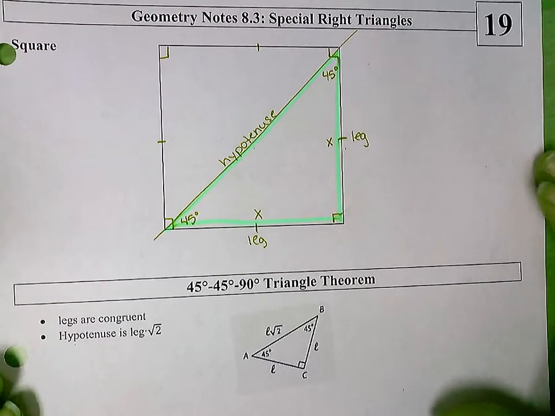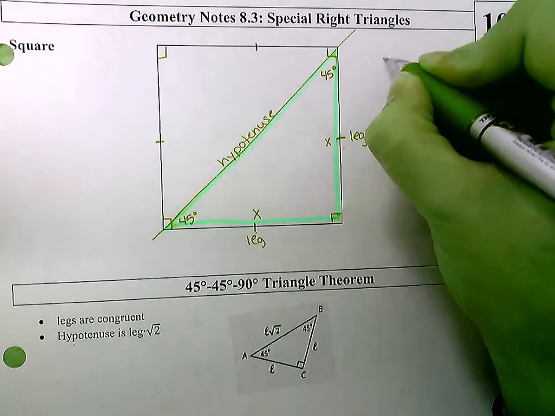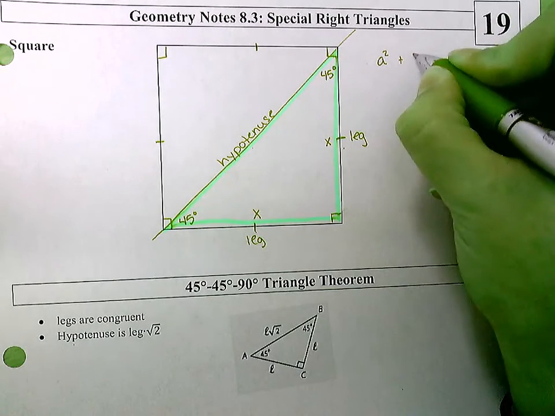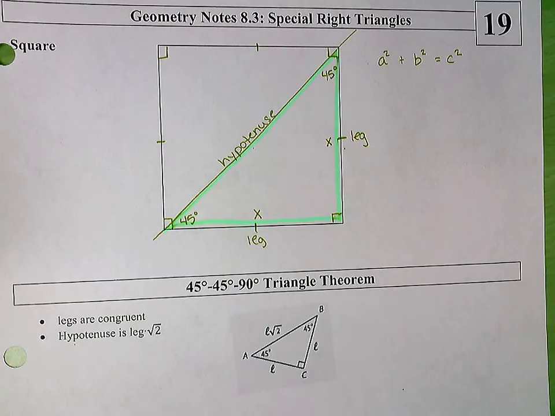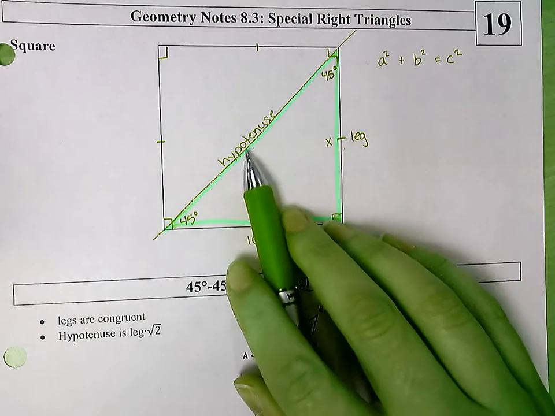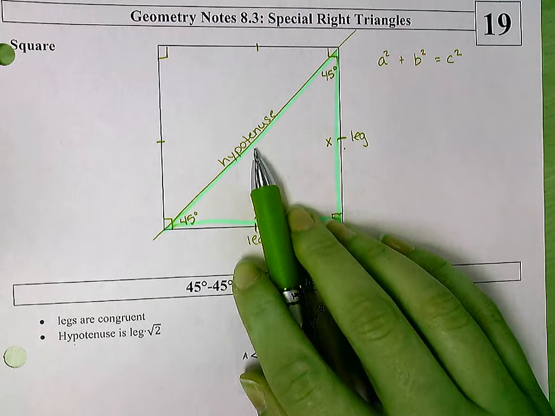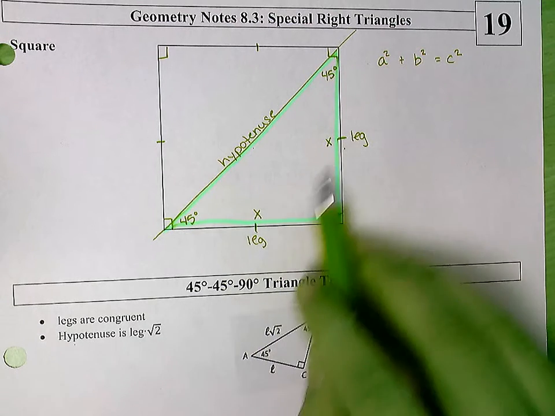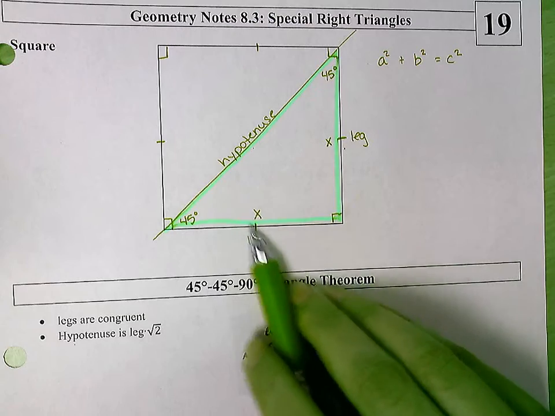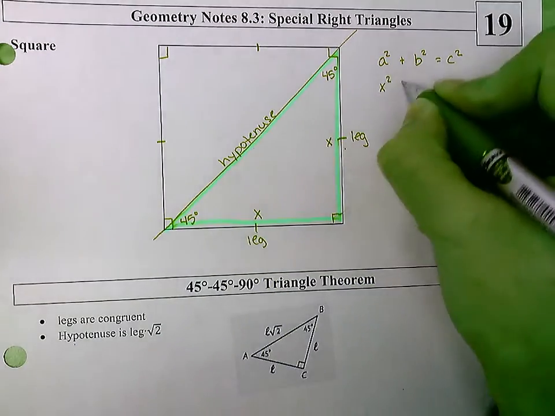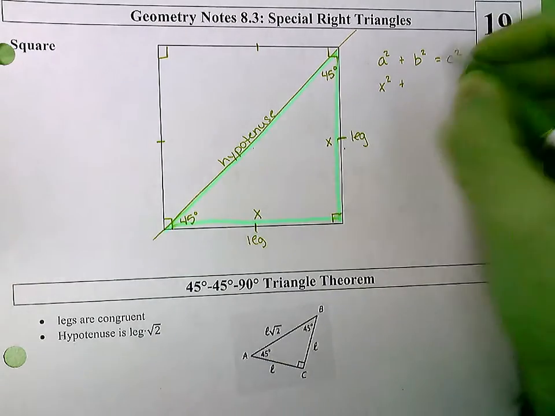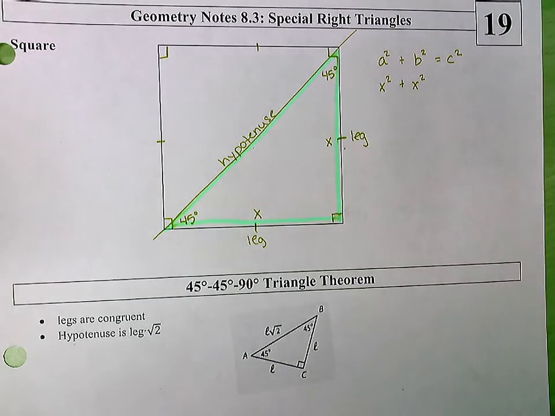So I'm going to use the Pythagorean theorem. a squared plus b squared is equal to c squared. Now c squared is always your hypotenuse. The other 2 sides are a and b. So I'm going to plug in x for a, and b is also x, so we have x squared plus x squared is equal to the hypotenuse squared.